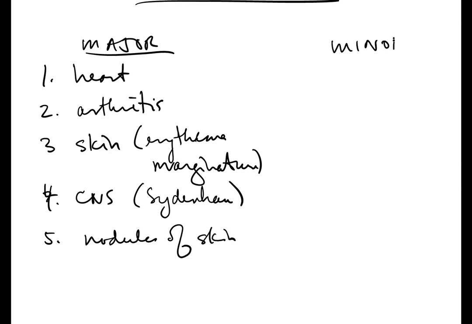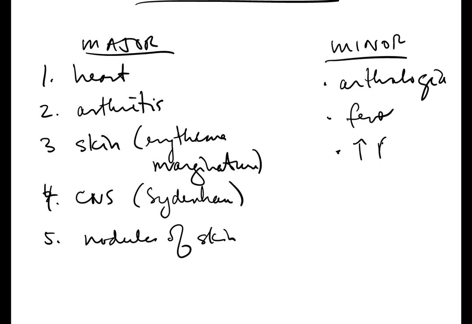Then there are the minor criteria. The minor criteria include arthralgias, a much less specific finding than an inflamed joint. It's going to involve fever. It's going to involve an increased PR interval, which is really just a sign that you have a myocarditis.